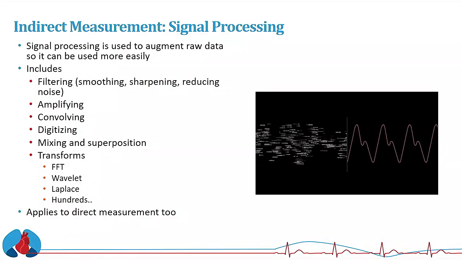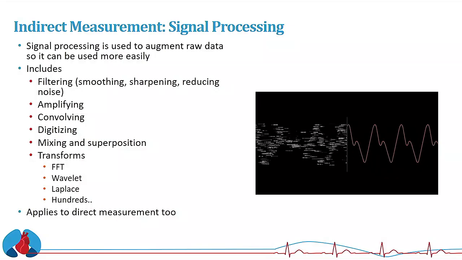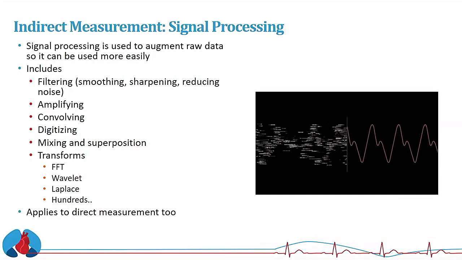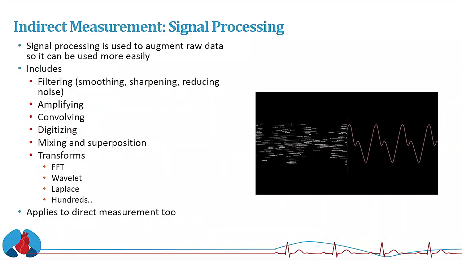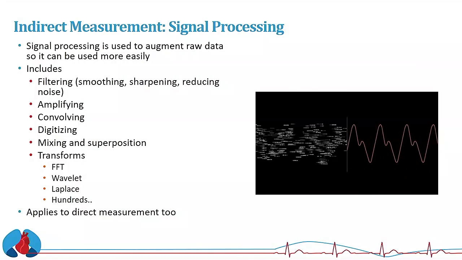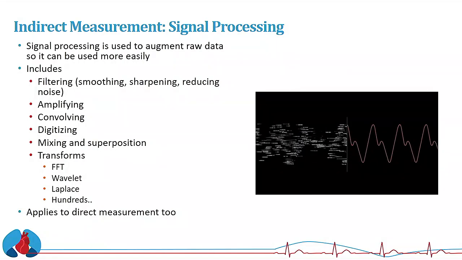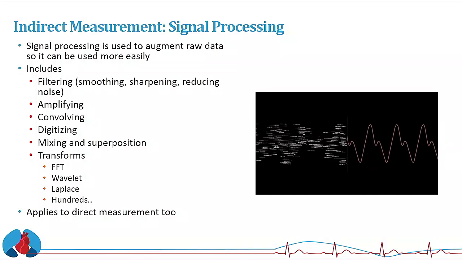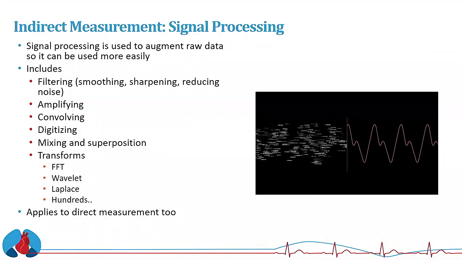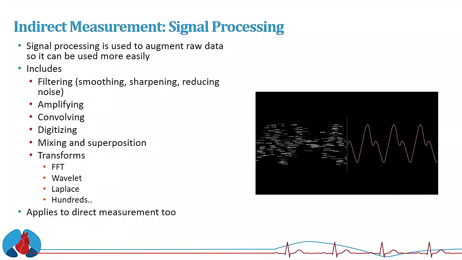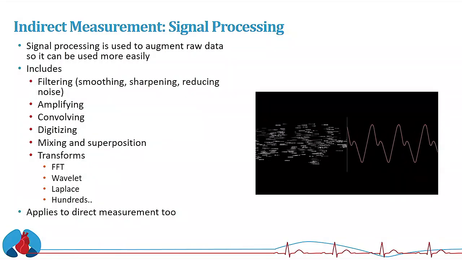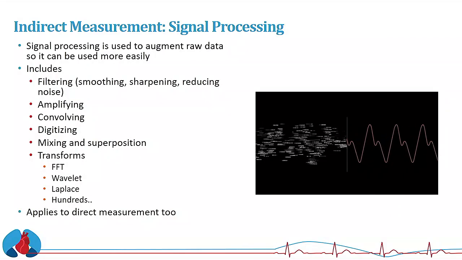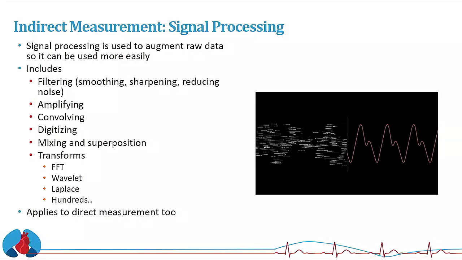So signal processing can include filtering, smoothing, sharpening, reducing noise, amplifying your signal, convolution, which you should be familiar with, digitizing, so taking a continuous signal and digitizing it for electronic purposes, mixing and superposition of various signals, transforms, of which I'm sure you know a few, and so on. So within indirect measurement, signal processing is probably the most important step, because the better quality signals you get, the easier it's going to be for your system to do its job.